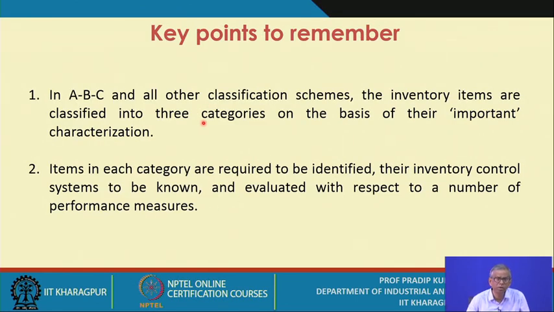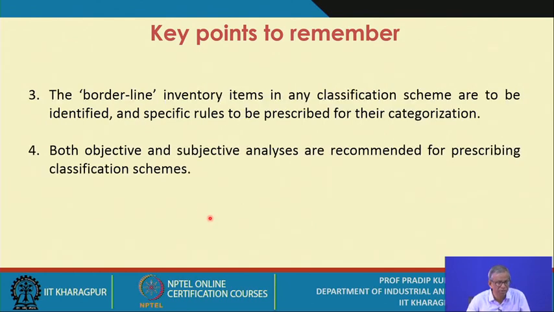Now, before I close this session, I will just highlight a few key points. In ABC and all other classification schemes, the inventory items are classified into 3 categories on the basis of their importance characterization. Items in each category are required to be identified, and their inventory control systems to be known and evaluated with respect to a number of performance measures.